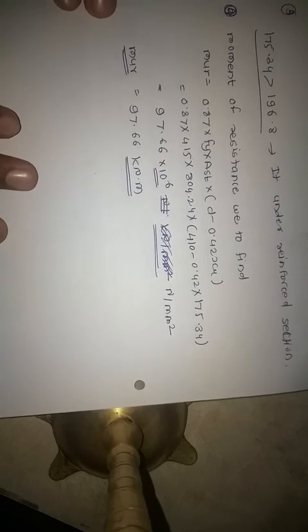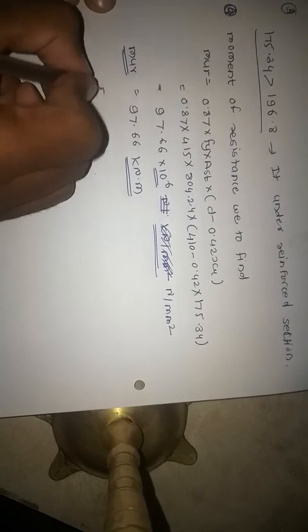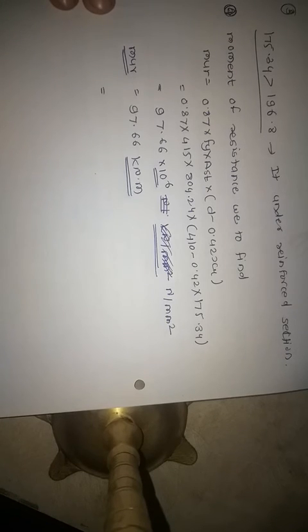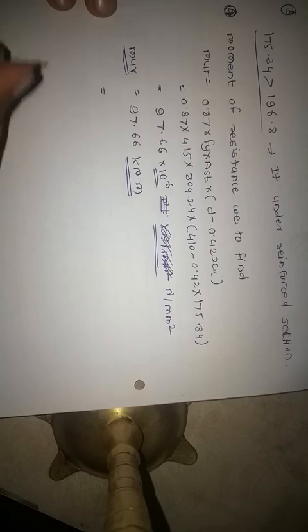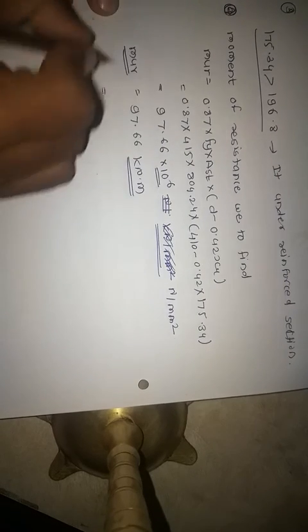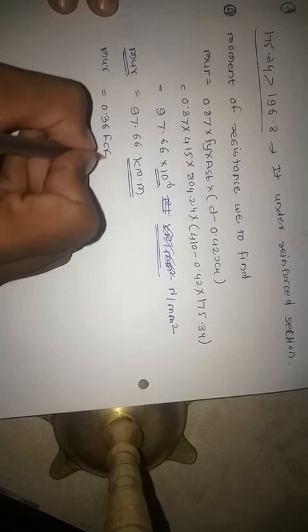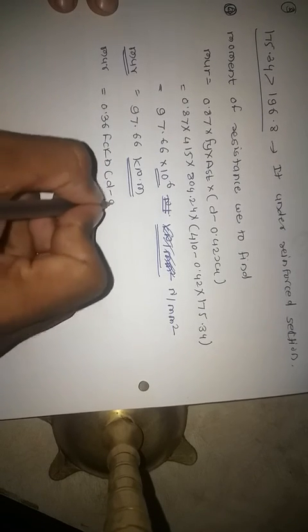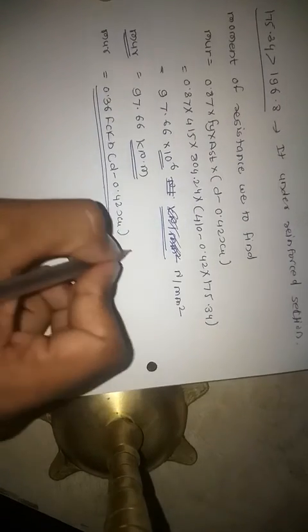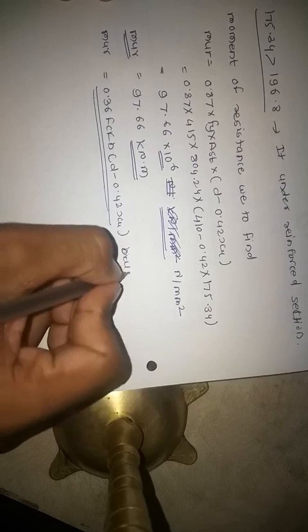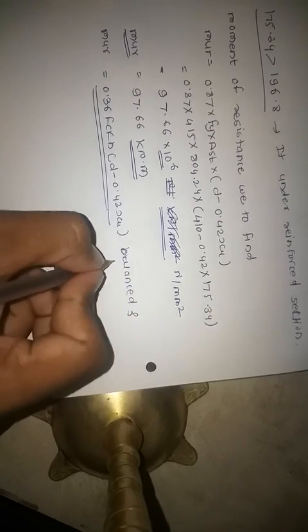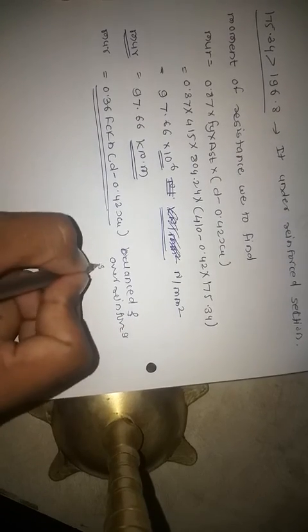For the over reinforced section, when we check the over reinforced section, then basically MUR is 0.36 FCK B XU max into D minus 0.42 XU max. This is the formula for the over reinforced section.